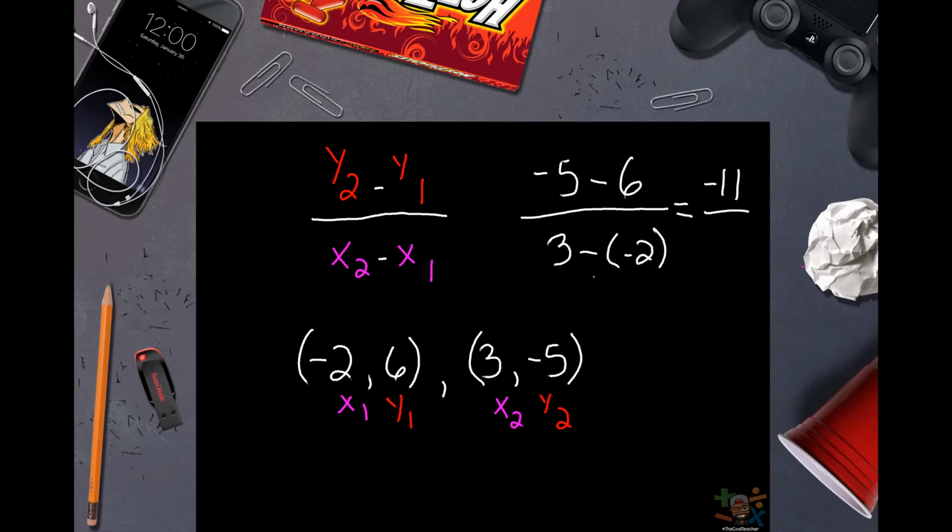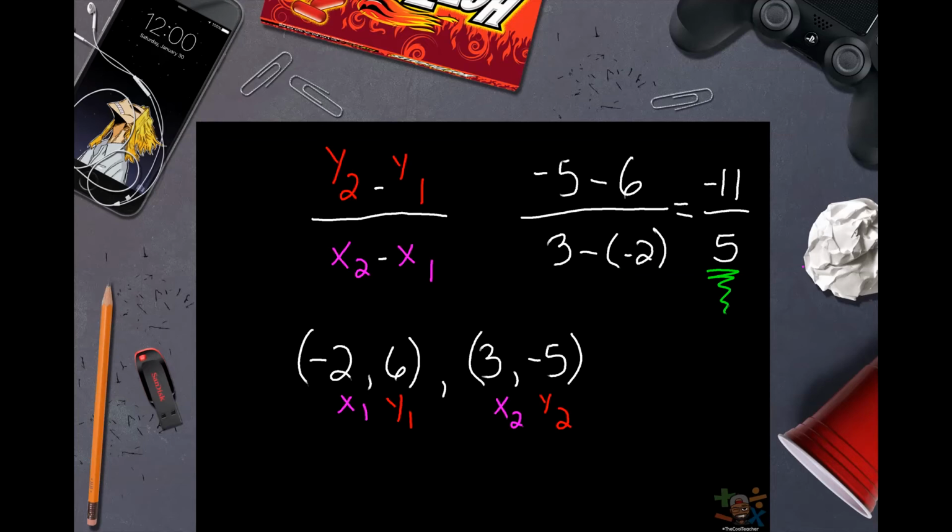Then I have 3 minus -2. If you know anything about 2 negatives right next to each other, it turns into a positive. So that means 3 plus 2, which gives me 5. So I have -11 over 5, which is my answer.